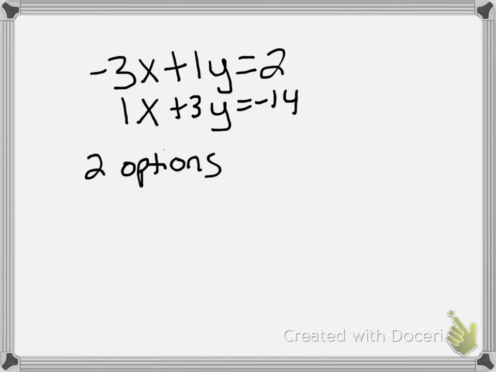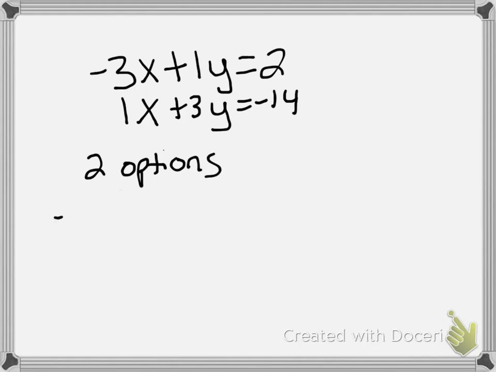And this is one of the unique things about systems. With systems, sometimes you might look at it and go, oh, well, I'm going to multiply the bottom equation by 4. And somebody else might go, well, I can multiply the top equation by negative 2. And you may both be correct. It just depends on the equation.